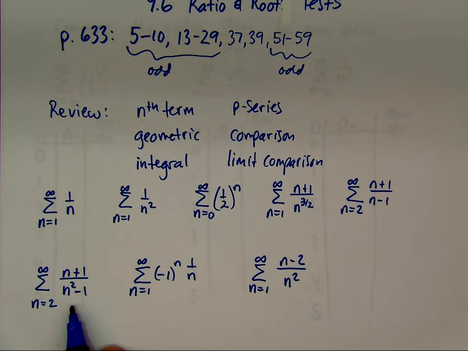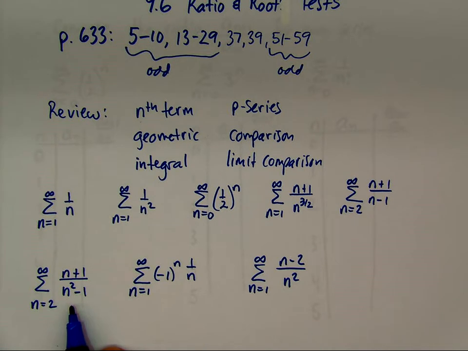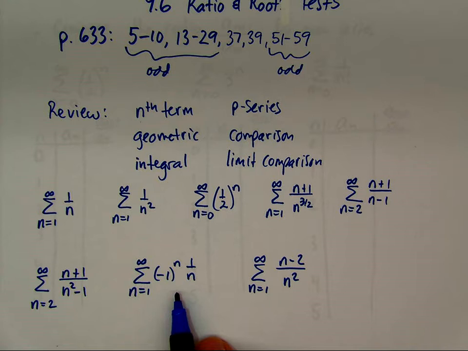And on this one we have overall the degree is 1 over n, so we think it diverges. So we're either going to use the comparison or limit comparison. It diverges, and we have the denominator smaller, so it looks like we can just do direct comparison on that.